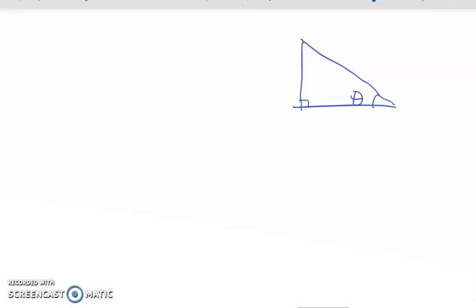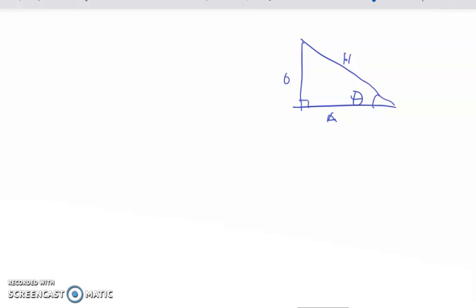This is our hypotenuse. So this is our adjacent, and this is our opposite side of theta.